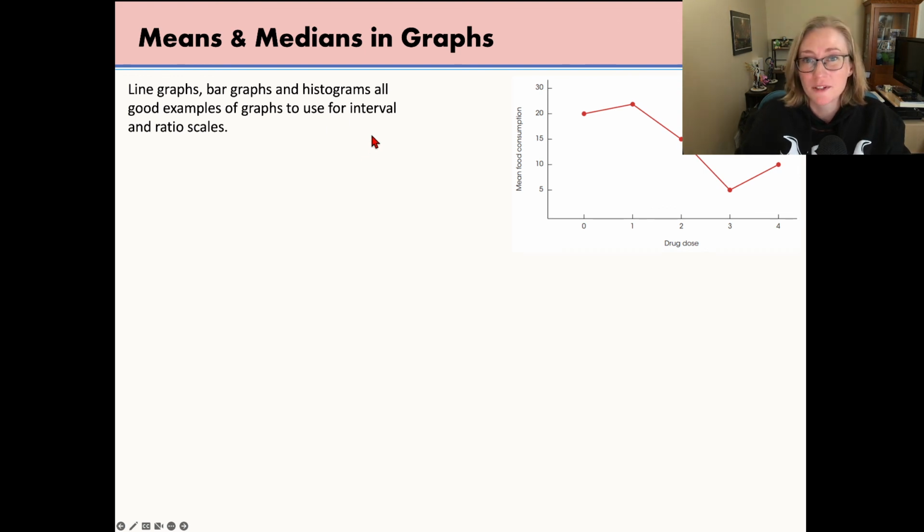Means and medians and graphs, that's how we started this lecture, right? We're going to have something that ideally represents each person, each category, or here each drug dose. So whether it's an average or a median, we can display that in graphs. So here we're talking about drug dose or categories.